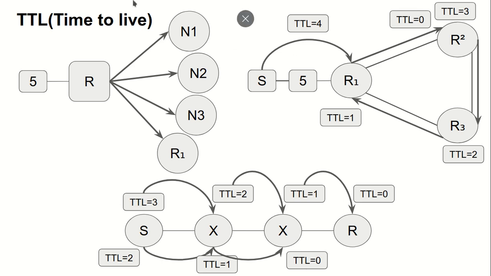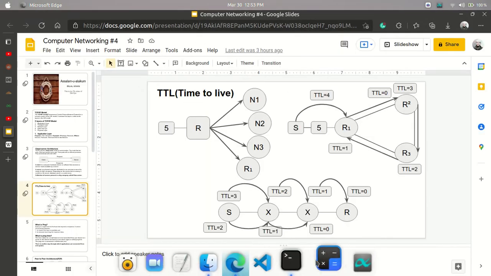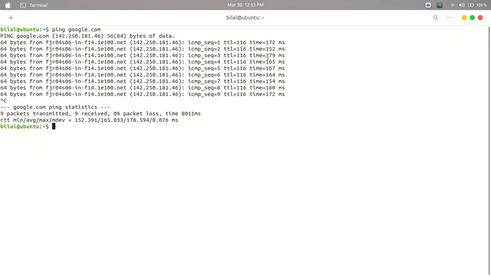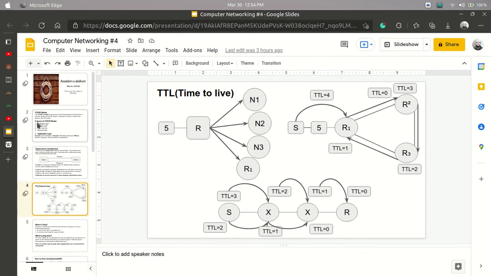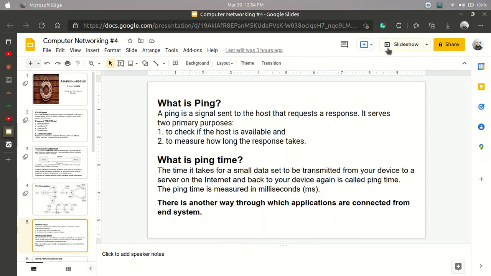Let's close this slideshow and move back to the terminal. As you can see, the TTL is equal to 116. So it will jump 116 times to stop the loop and discard the packet. So this is the purpose of TTL. Let's move to the slideshow.